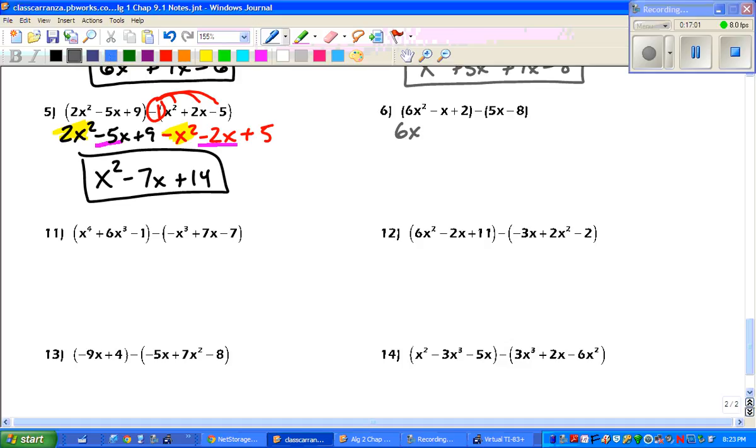The first one stays the same because we're not distributing anything, and then we're distributing a negative 1. So it's negative 5x plus 8. Find your like terms. Well, the 6x squared is all by itself.